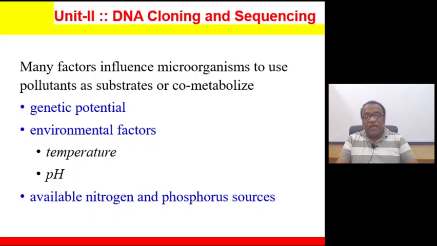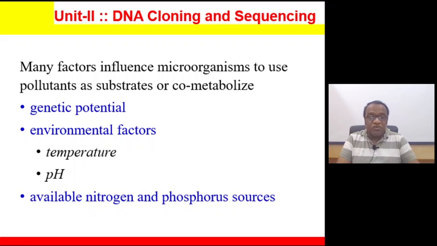Right? And many factors influence the microorganisms to use pollutants, the organic pollutants, as substrates or to co-metabolize. Now, what are these factors? The factors could be the genetic potential of the microorganisms and certain environmental factors such as the temperature, the pH, and the available nitrogen and phosphorus as sources.